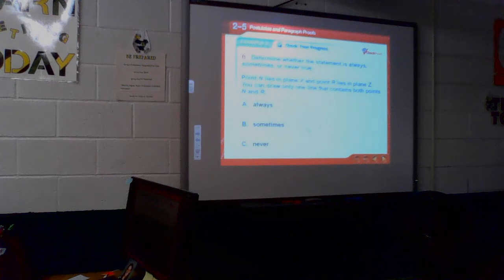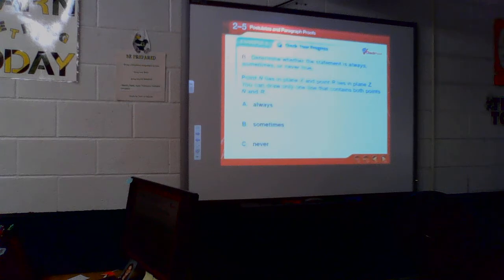Always, sometimes, or never. Point N lies in plane X, and point R lies in plane Z. You can draw only one line that contains both points N and R. So that's saying this. Here's plane X. Here's plane Z. One has a dot, one has a dot.